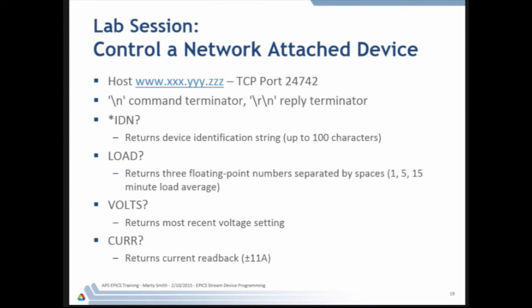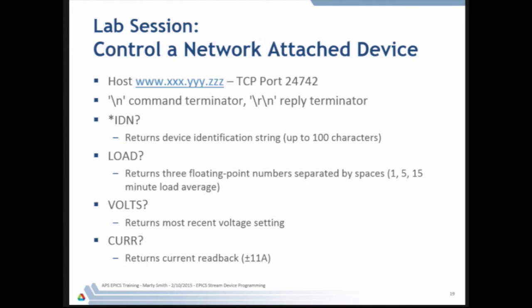Okay, so Eric Norum was nice enough at one point in time to write this Python script that will emulate a network attached device. So we're going to set this up. I'll help you set this up. We'll do it together. But some of the commands that are in there are *IDN, the load question mark.